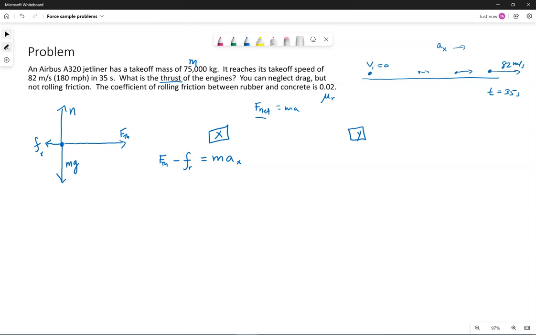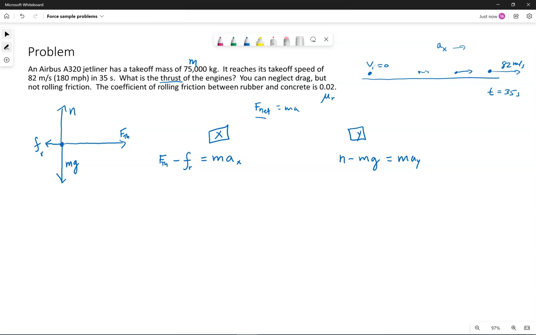In the y direction, we have the normal force upwards, force of gravity downwards. Those are the only forces in the y direction, so that would equal mass times acceleration, but for the y direction specifically.